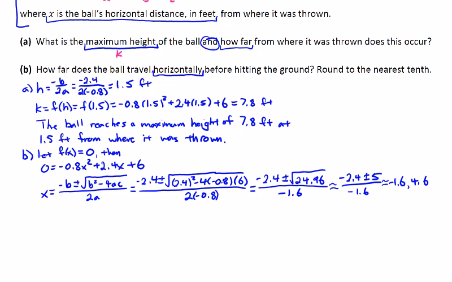The negative answer would imply that the ball was going behind us. But the narrative very clearly says the ball is thrown upward and outward, not behind us. So this answer doesn't really make a whole lot of sense, although it is technically there.